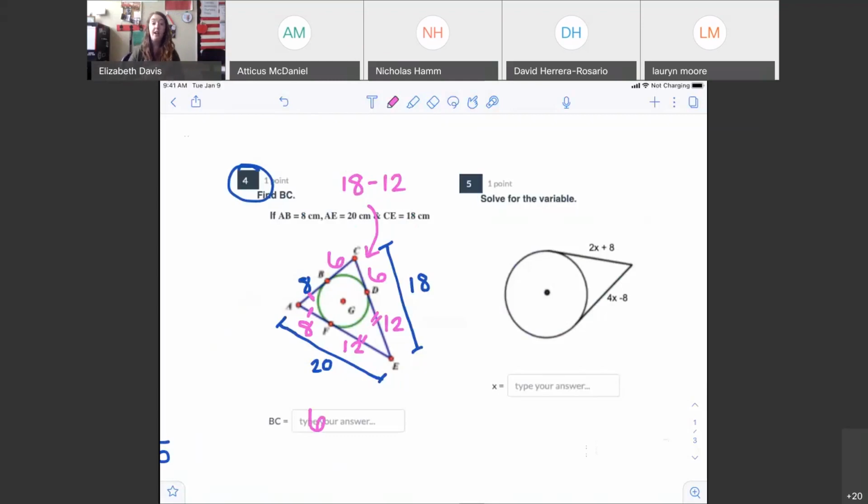Okay, go ahead and try number 5. Those things are congruent, so we're going to set them equal to each other.